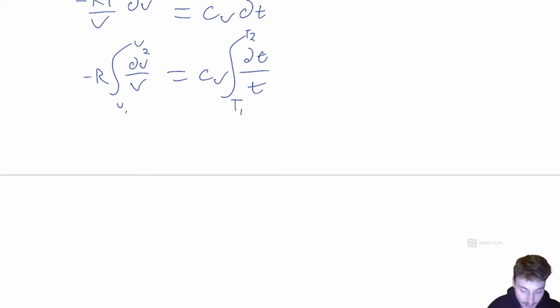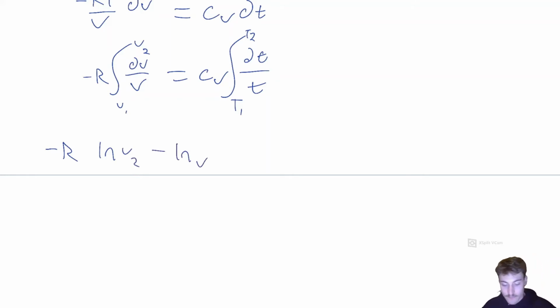And then what we're going to get, after doing that, is negative R times the natural log of V2 minus the natural log of V1 is equal to the specific heat times the natural log of T2 minus the natural log of T1.